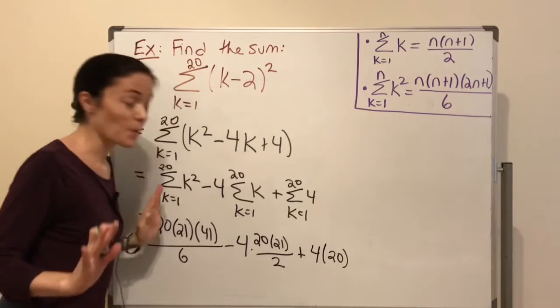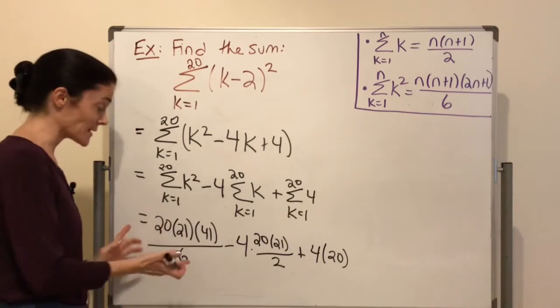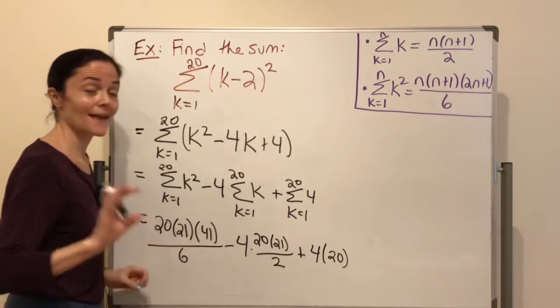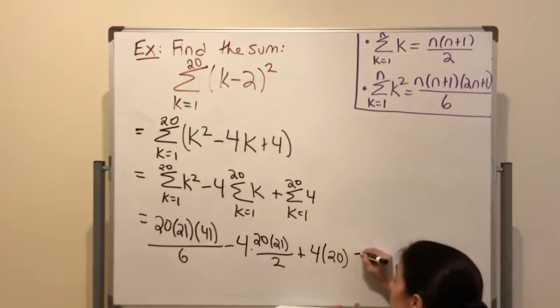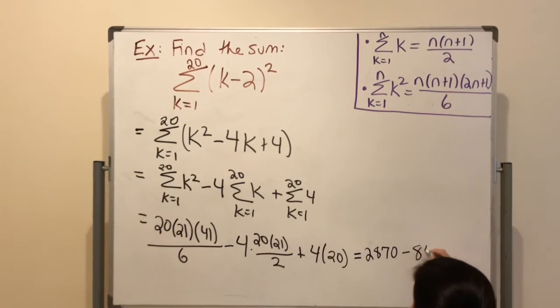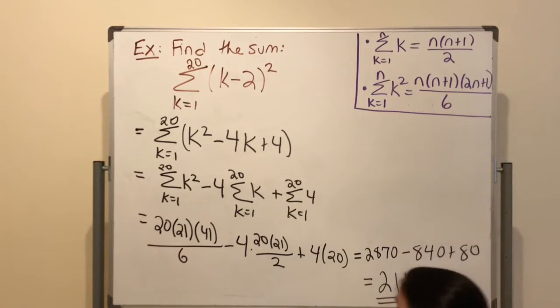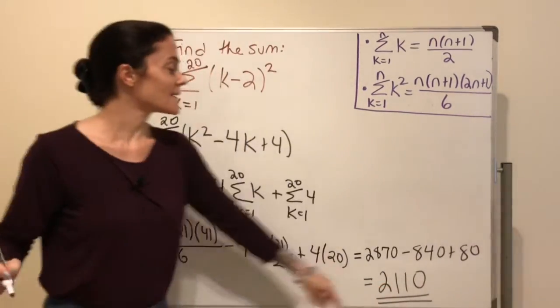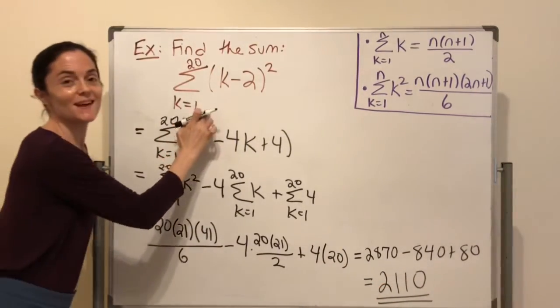Now, at this point, I would use my calculator to multiply and add. This is equal to 2870 minus 840 plus 80, which is 2110. So this is the value here of this sum.